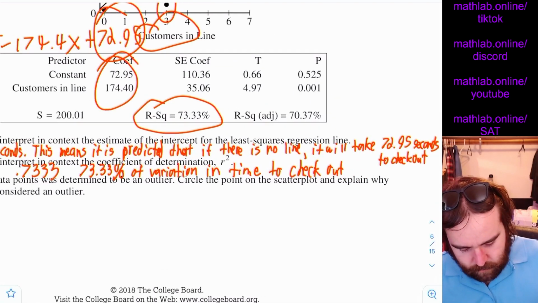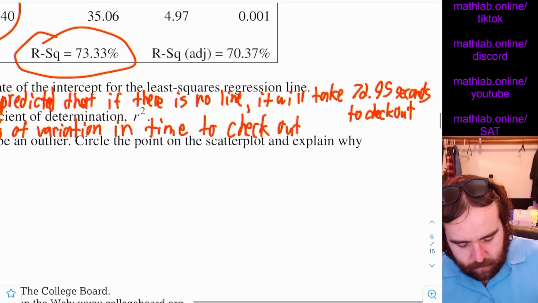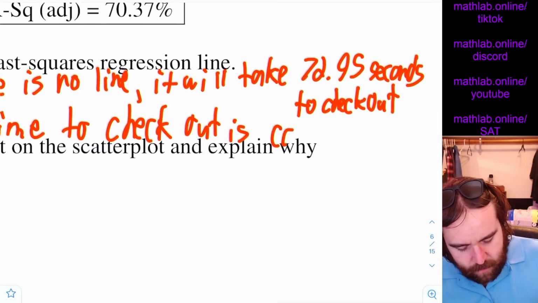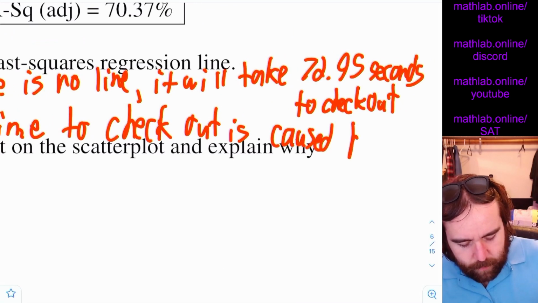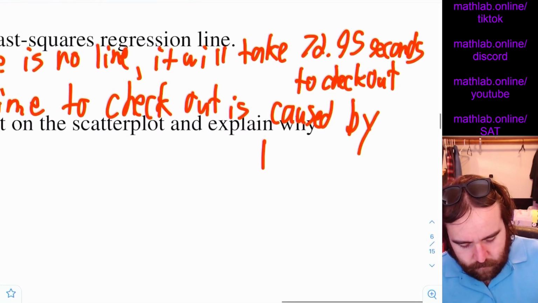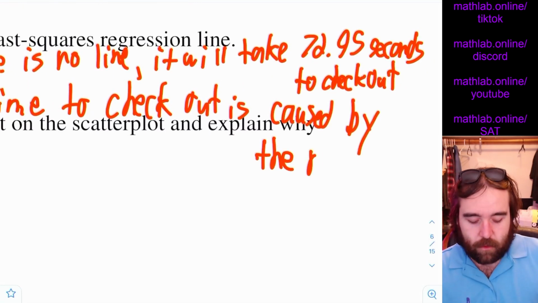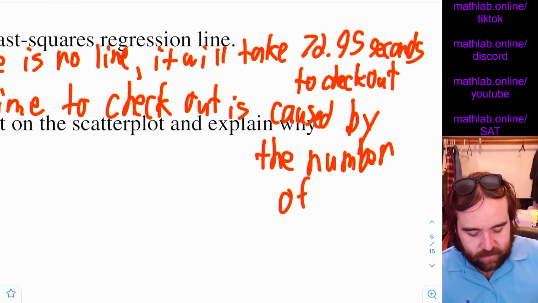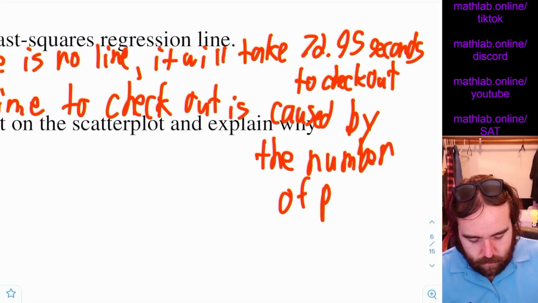is determined by, or is caused by, we'll say, is caused by the y variable, the number of people in line. That's just a fill in the blank sentence. I have that on my study guide.